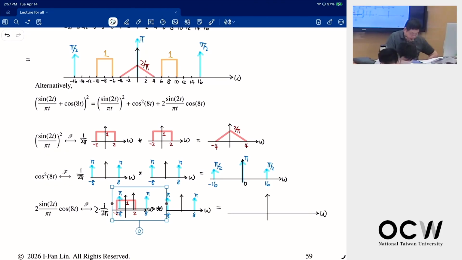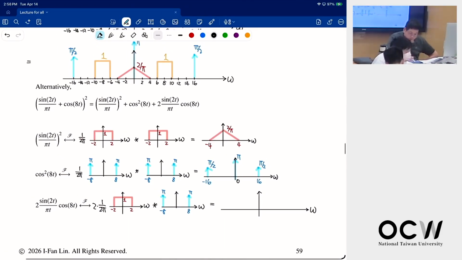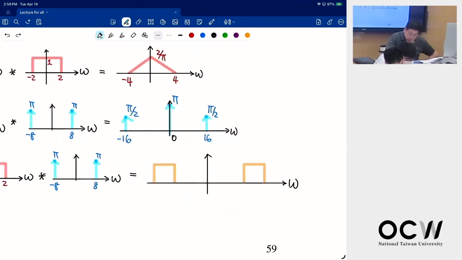And I get pi till here, and 0. Also when I move to the left, I'll get pi from -6 to -10. So you should get 1, 1 from minus 10, minus 8, minus 6, 6, 8, and 10.